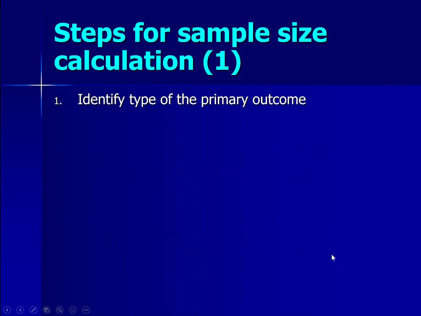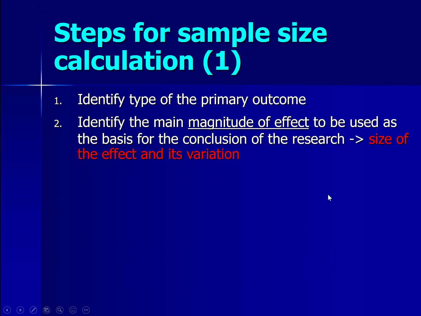Steps for sample size calculation. First, identify the type of the primary outcome. Second, identify the main magnitude of effect to be used as the basis for the conclusions of the research by reviewing the size of the effect and its variations.